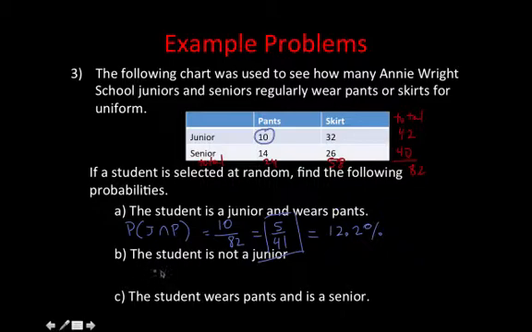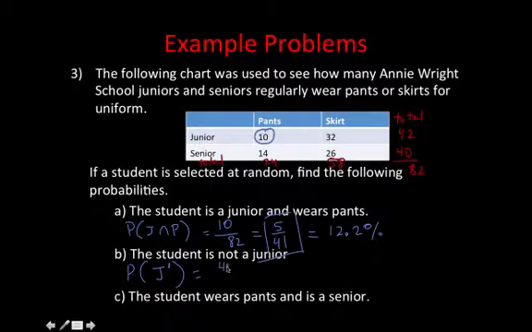The next problem is I want to know the probability that a student is not a junior. So the probability that a student is not a junior. So I'm going to put the prime notation, and that means the student is not a junior. So I can go about this a couple ways. I can just look at the seniors, right? So there's 40 students that are not juniors.